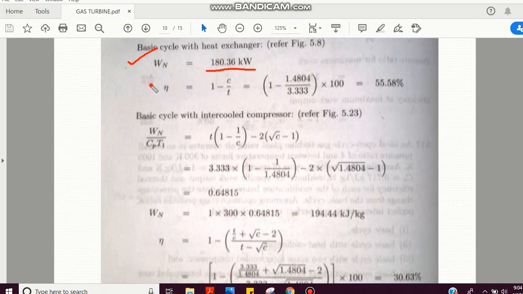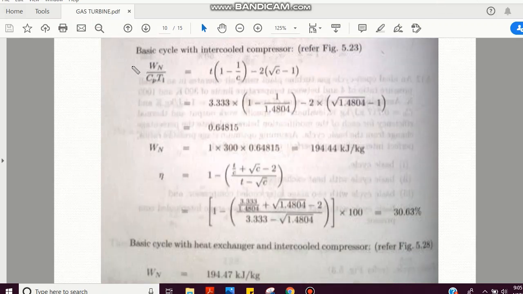The efficiency expression is 1 minus small c by small t. By substituting the values of small c and small t, we get 55.58%. This is the value of efficiency for the basic cycle with heat exchanger.